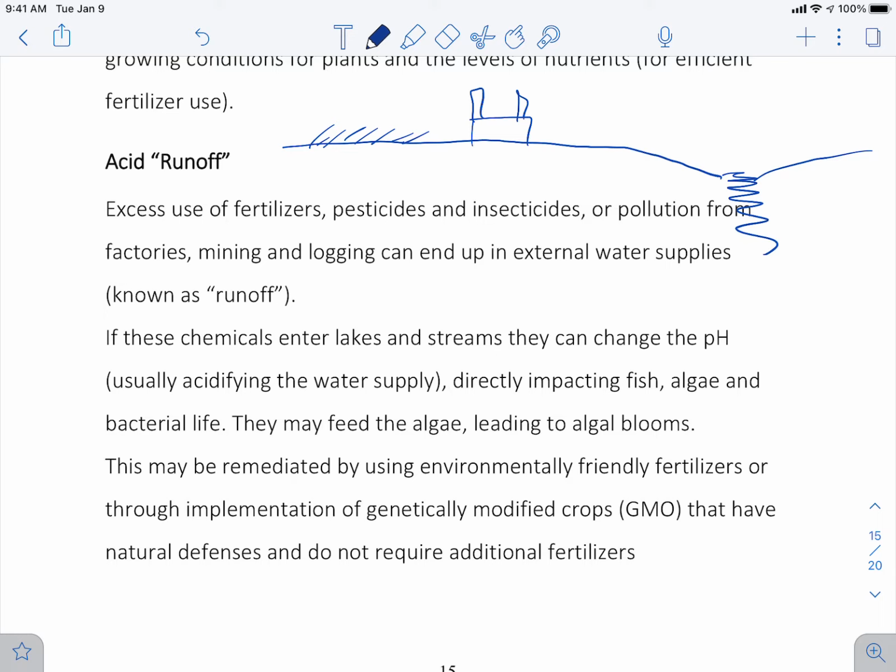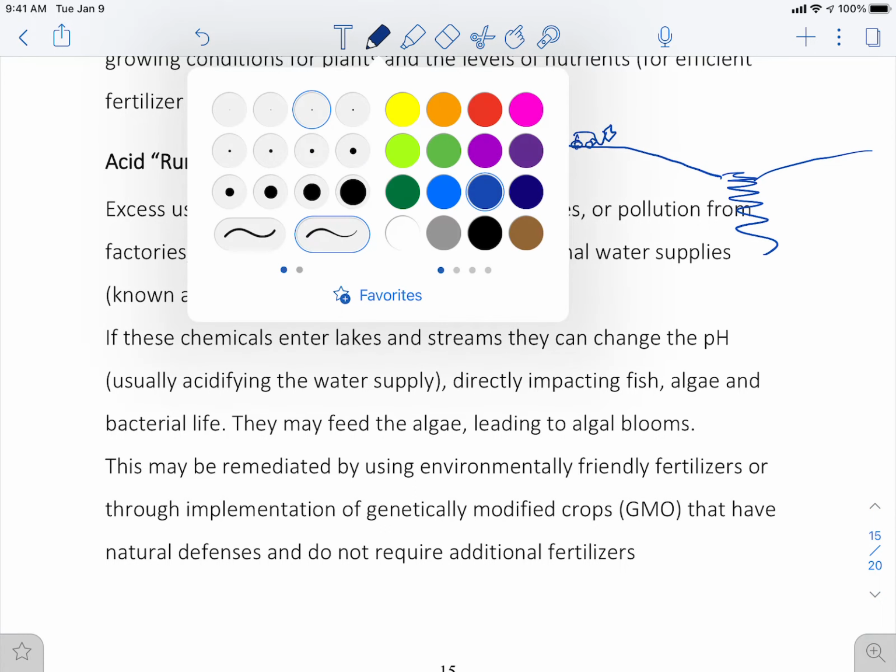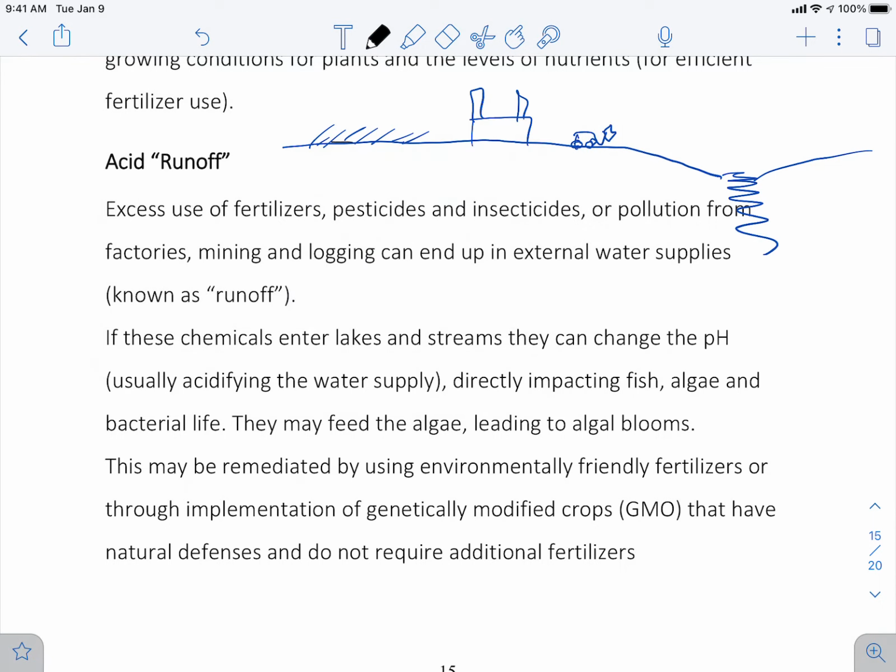If you have a mine, I don't know how I'm going to draw a mine, but here is just a truck of some sort. So all of these things produce runoff, whether it's fertilizer runoff, which is acidic, or if it's pollution, which falls down from the sky, coming out of these things. All of that will run downwards, down the ground and into the water supply.